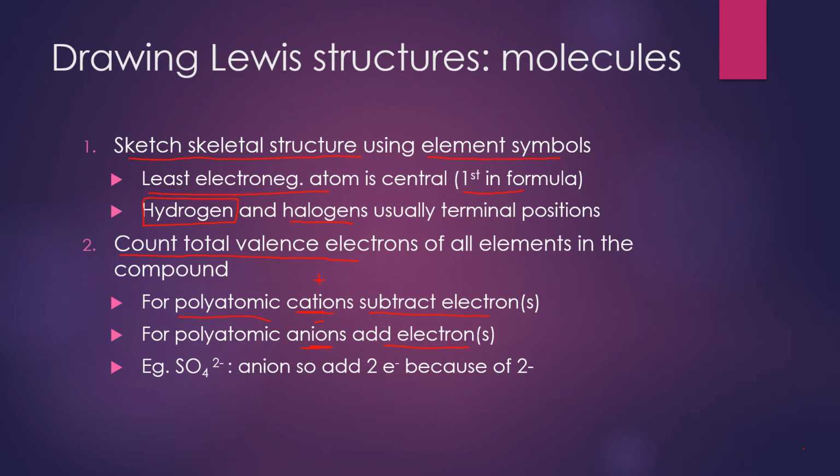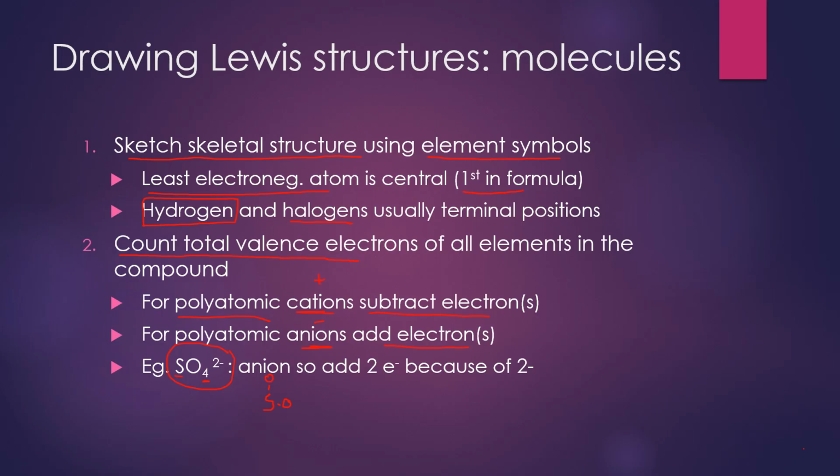So an example would be the sulfate ion. So notice it's got sulfur and oxygen. Those sulfur and oxygens are covalently bound. Now, the first element present, S, sulfur, that's going to be my central atom. It's also the least electronegative. So if I'm drawing the skeletal structure of this, I'm going to put S in the middle, and then I'm going to take these 4 oxygens and put them around that sulfur.